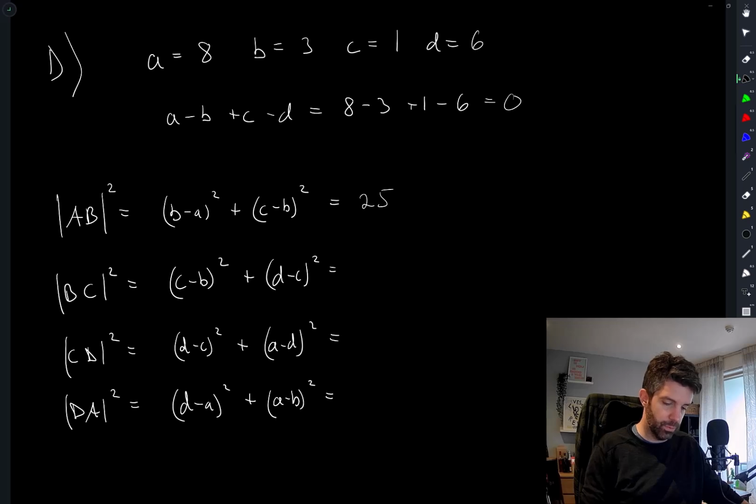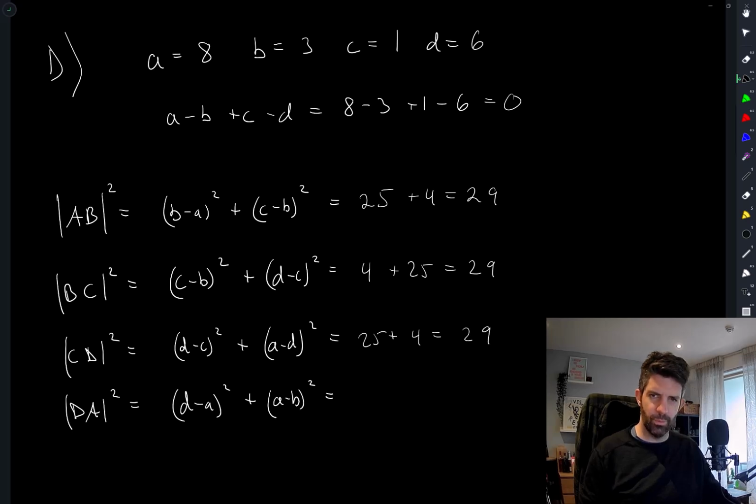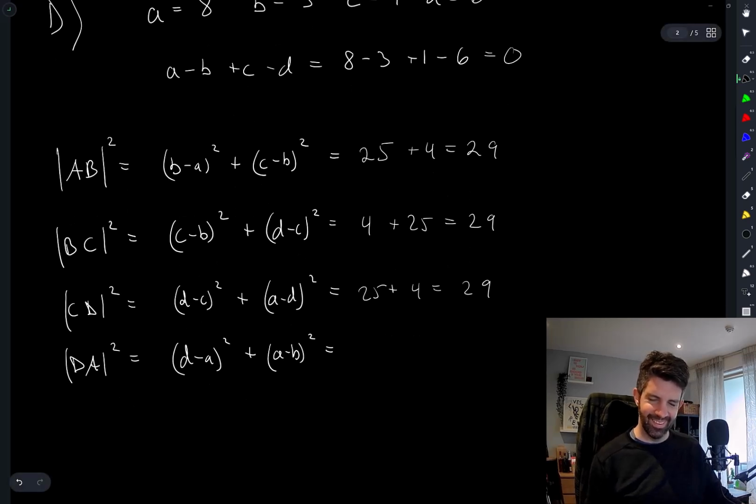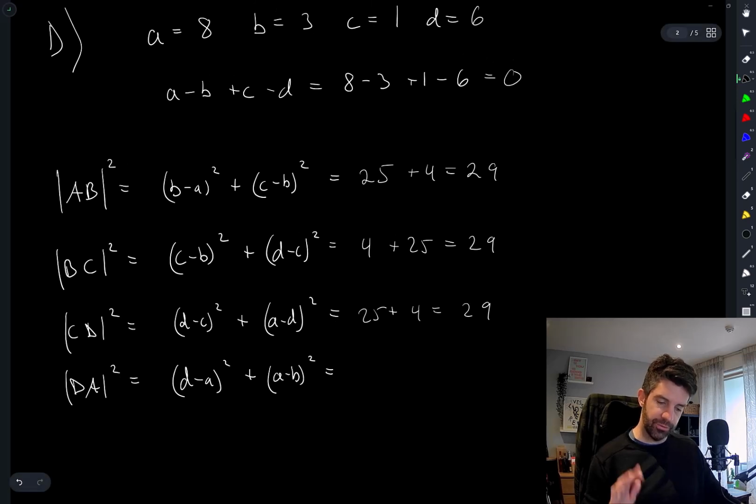(C minus B) squared, so 29. I don't understand why this works, but it seems to be working.